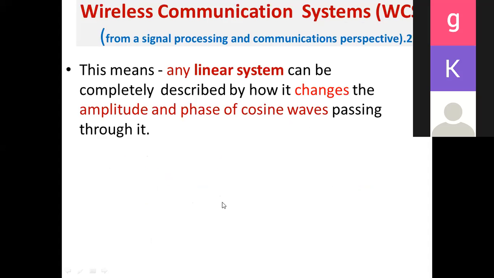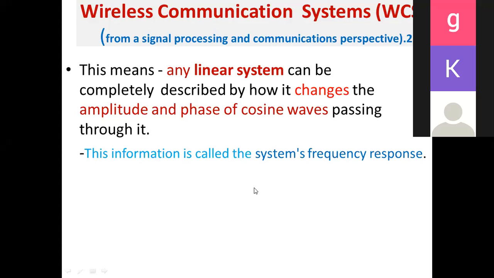So that means any linear system can be completely described by how the system changes the amplitude and phase of cosine waves when the signal is passing through that system. This information is called a system's frequency response.